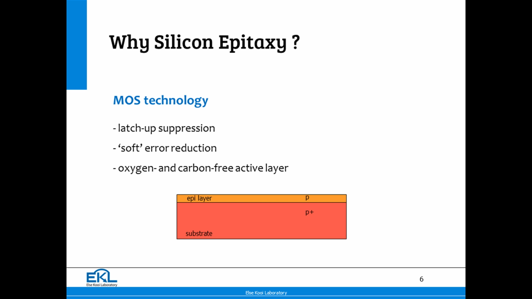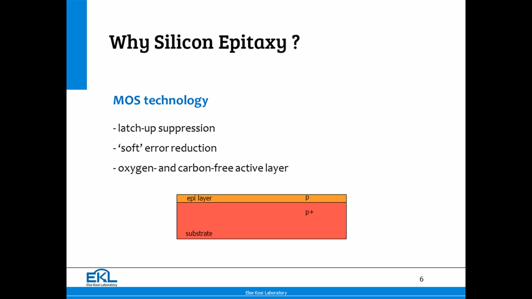Soft error reduction. What is a soft error? Memory bits can turn states from 1 into 0, or from 0 into a 1, due to high energy radiation like cosmic particles, but more common are alpha particles from the encapsulation material. That is reduced, in fact, by changing the ratio of the thickness of the p-type layer to the thickness of the substrate with an epi layer.